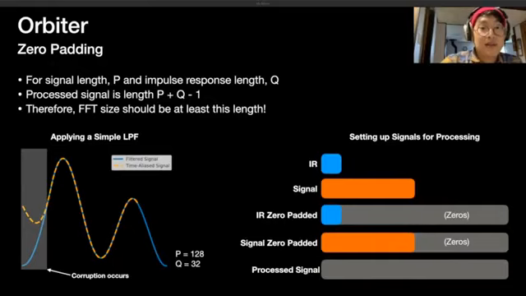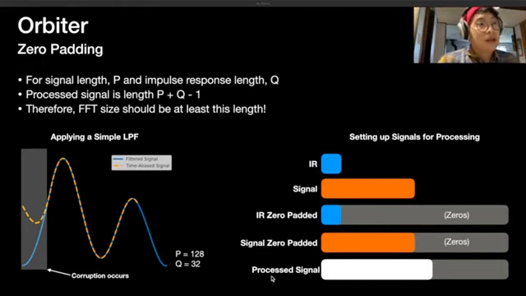Likewise, we would take the signal and transfer it into the signal zero padded buffer. And so the processed signal will fit comfortably inside its associated zero padded buffer. So these two components are essentially what you need to carry out spectral audio signal processing for FIR filters.